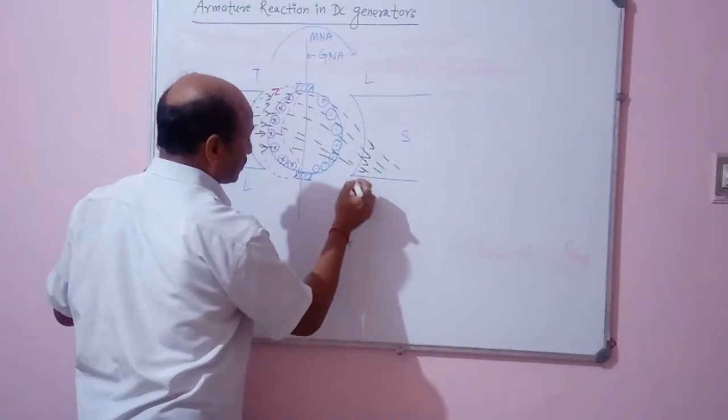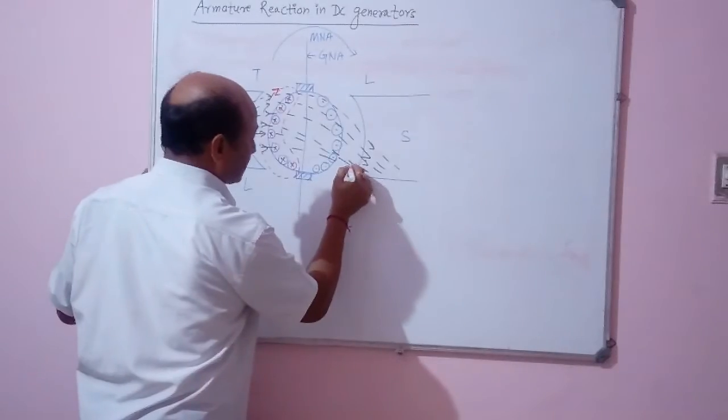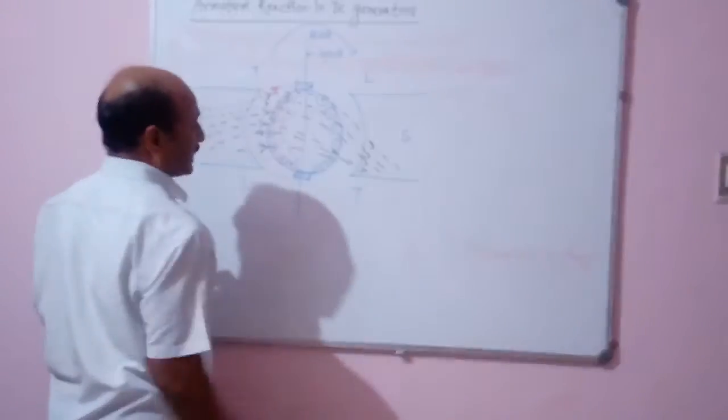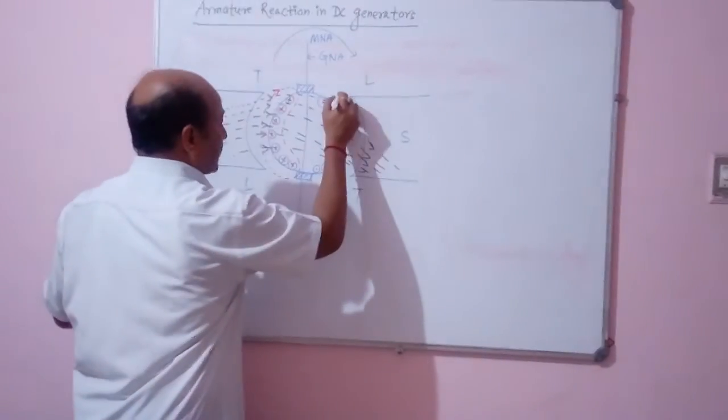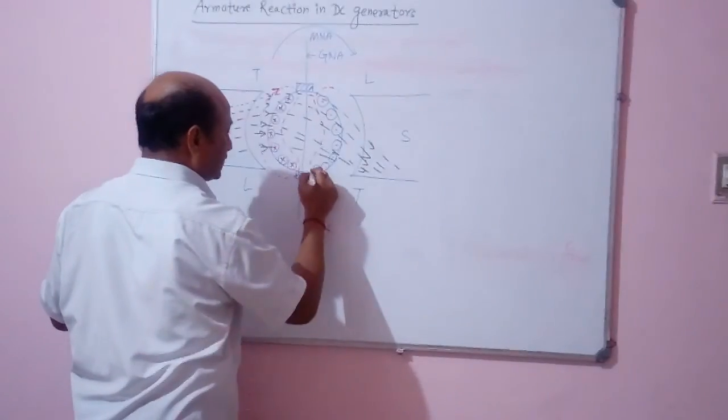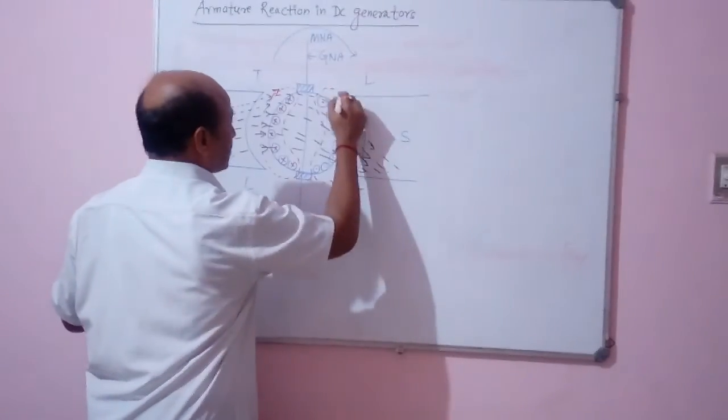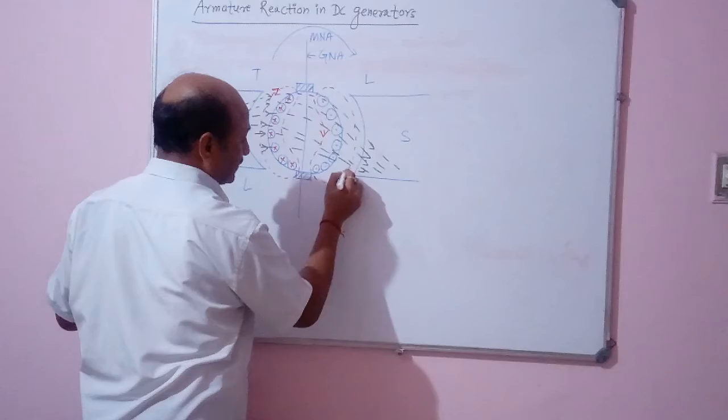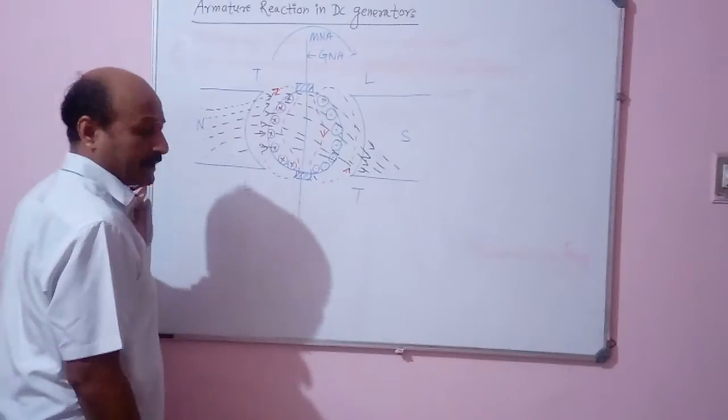So here also the direction of the main magnetic field from left to right and the direction of the magnetic field produced by the armature current are in the same direction.